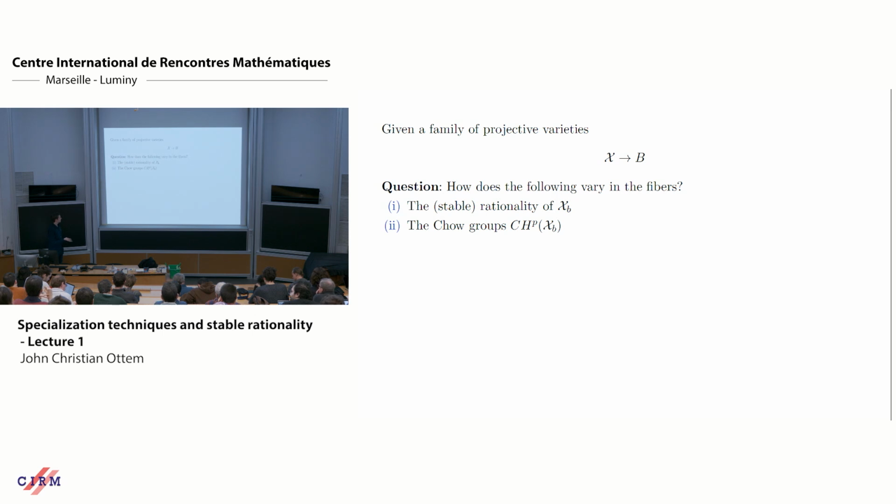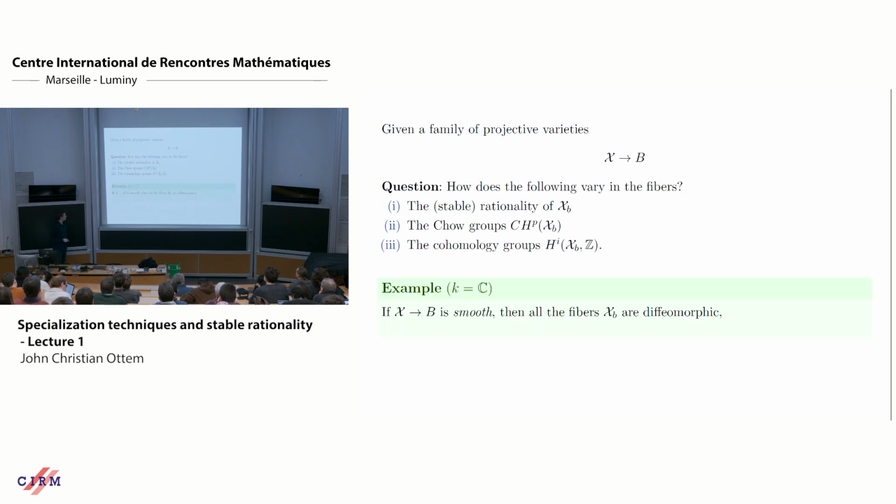We can also ask about the Chow groups of the fibers and the cohomology groups. Actually, the cohomology groups are easy because, at least in the smooth case, all of the fibers are diffeomorphic, at least over the complex numbers, and then all of the cohomology groups are isomorphic.